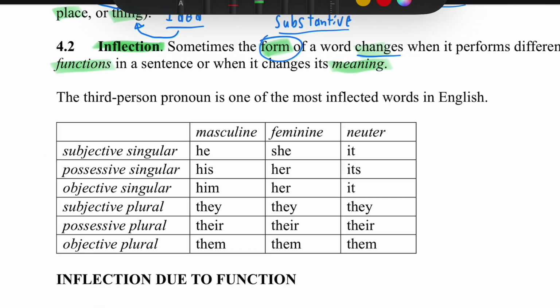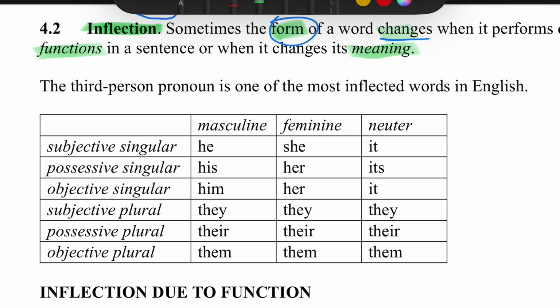So in English, the third person pronoun is one of the most inflected words. We have here our three different cases. That is the subjective case, possessive case, objective case. And then we have the numbers, singular or plural.